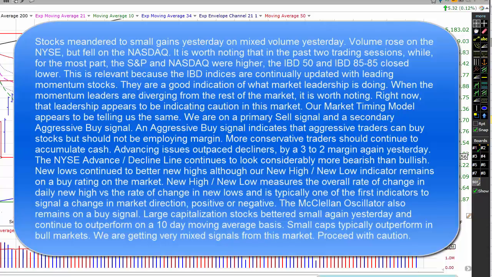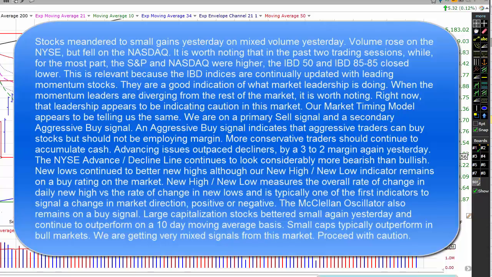This is relevant because the IBD indices are continually updated with leading momentum stocks. They're good indicators of what market leadership is doing. When the momentum leaders are diverging from the rest of the market, it's worth noting. Right now, that leadership appears to be indicating caution in this market.